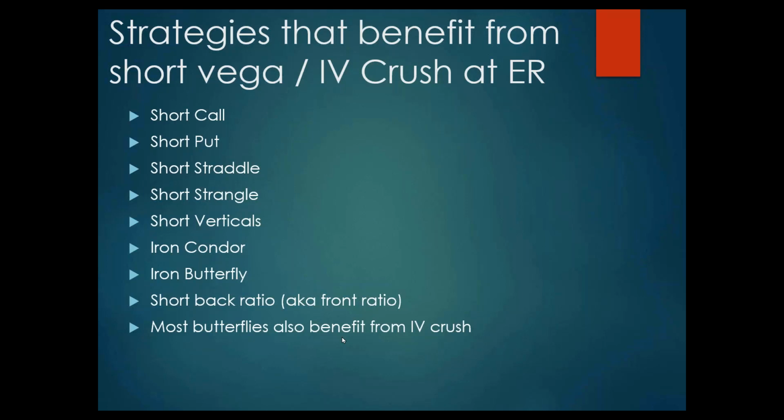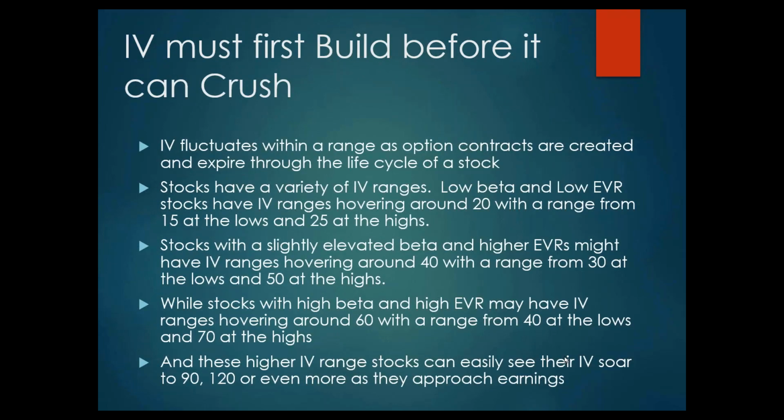I mean, would it be possible to create a butterfly that does not benefit from IV crush? I've never tried, but I would imagine that that's possible. But most other butterflies also benefit from IV crush. IV must first build, though, before it can crush.